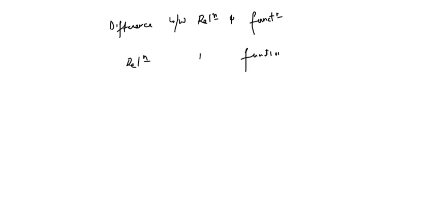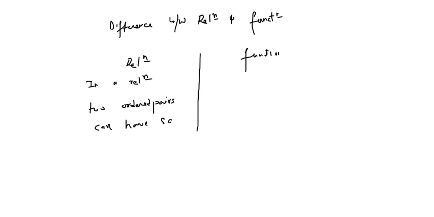The difference is that in a relation two ordered pairs can have the same first element, but in a function it is not possible.